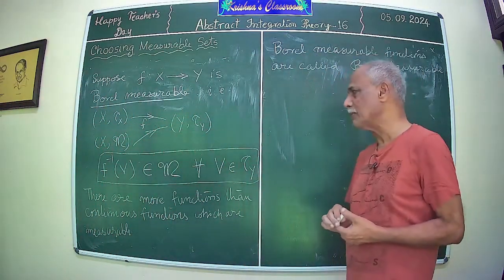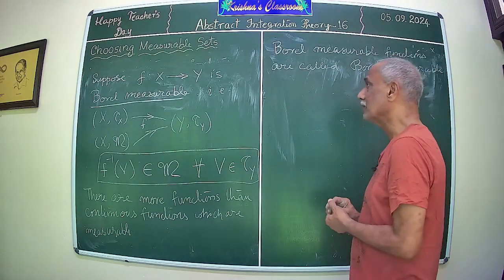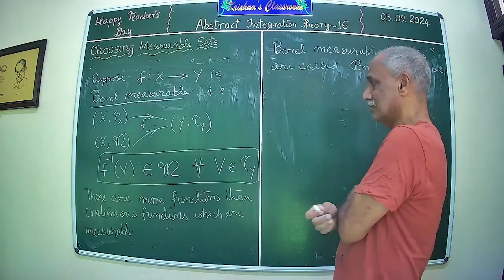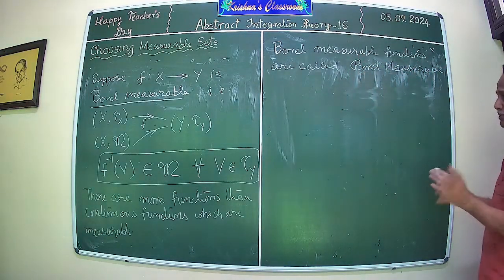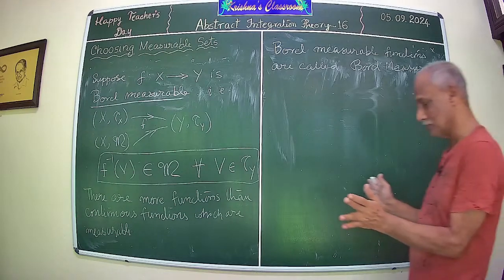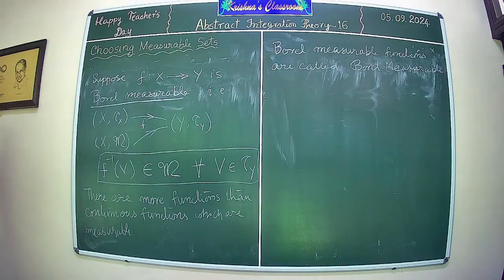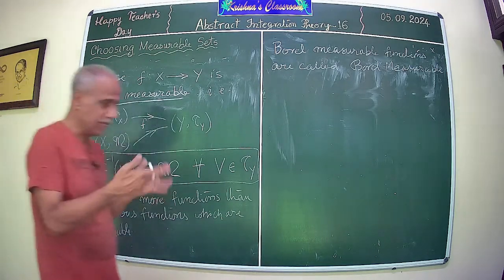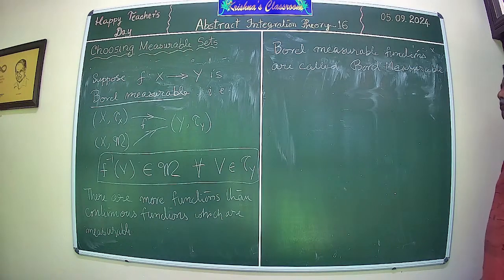So let me wind up the day with this small topic, but I hope everyone got an idea of why you need to choose a minimal class of sets forming a sigma algebra on the domain.